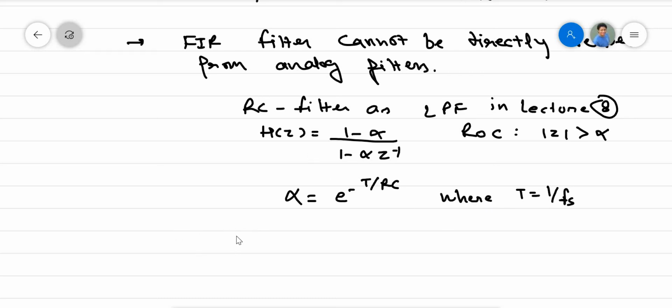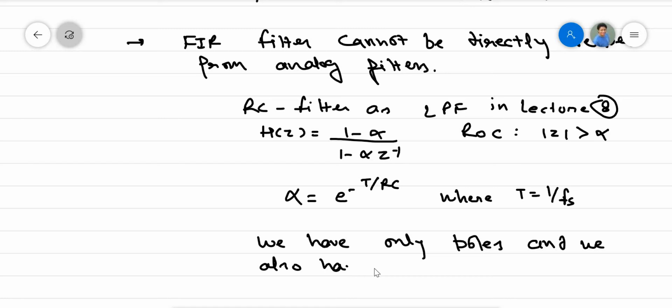One can see in this filter we have only poles, and we also have feedback with this system which we have implemented in lecture number 8, and we designed that particular realization.